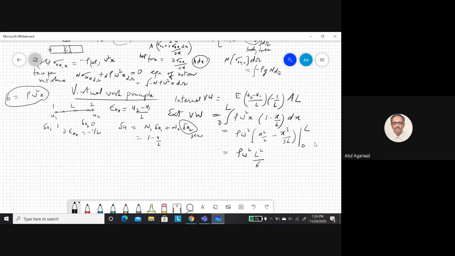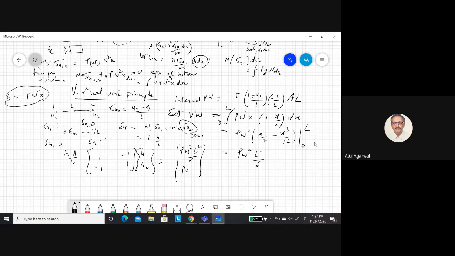So external virtual work is equal to internal virtual work. So your internal virtual work is EA by L, 1 minus 1. So when you take virtual displacement as 0 and delta U2 as 1, you will get this equation.